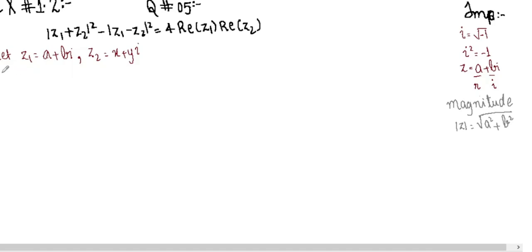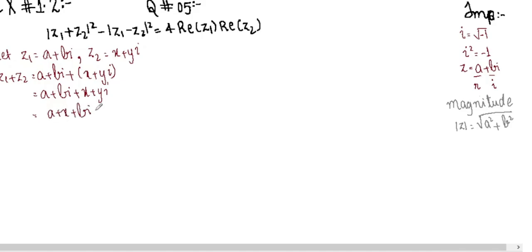Now first of all we have to find z1 plus z2, which equals a plus b iota plus x plus y iota. Adding the real parts and imaginary parts together, we get a plus x plus b iota plus y iota.